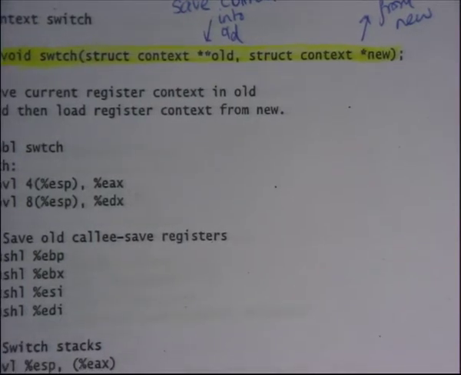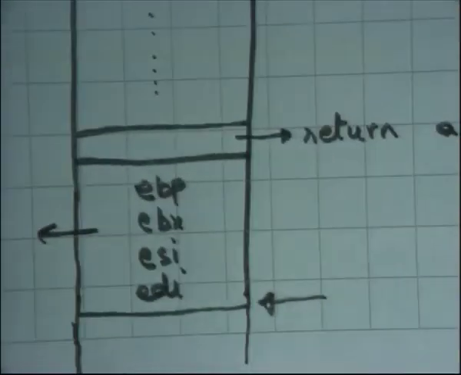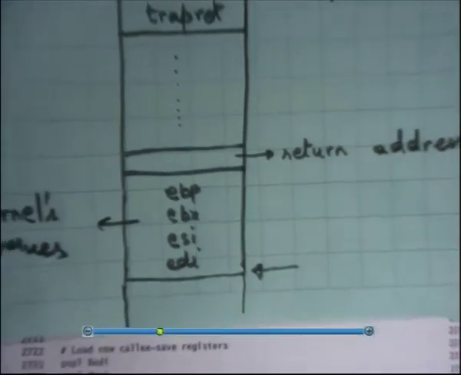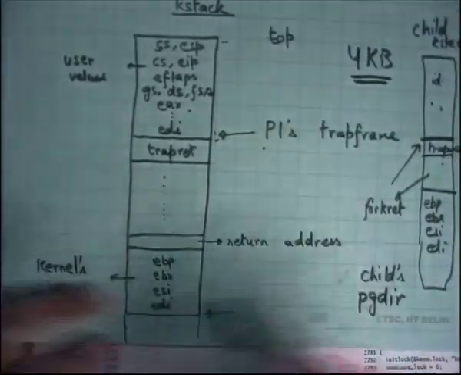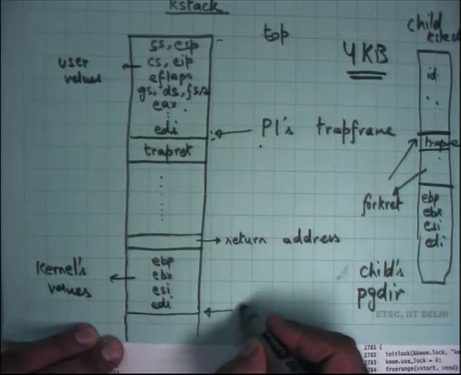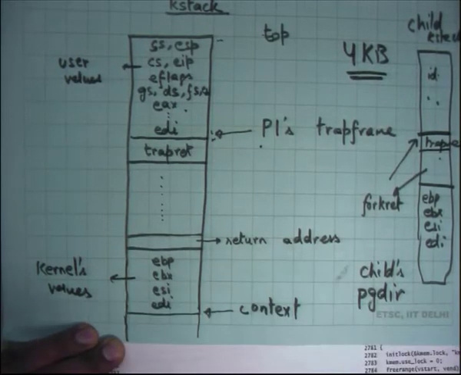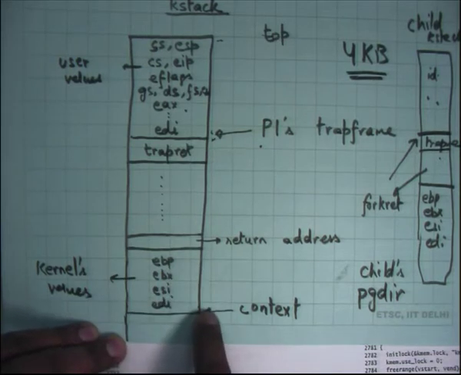Right. So where is this context going to get stored? So what is this context? If I look at this figure here, if this is my K stack, then the context will be this pointer here. Okay, so it's going to save values at the bottom of the stack.